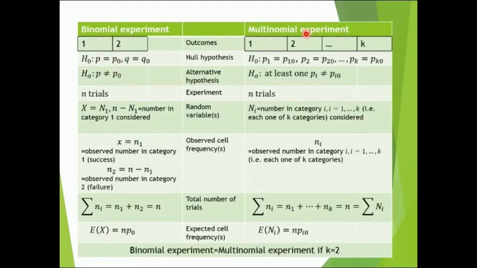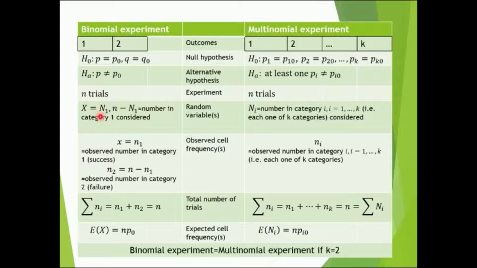Both cases consist of an experiment where we have n trials. The random variable that we were interested in in the binomial case was the number of successes, which we can indicate with the number in the first category, denoted with a capital letter N1, and then the number of failures would be N minus N1.